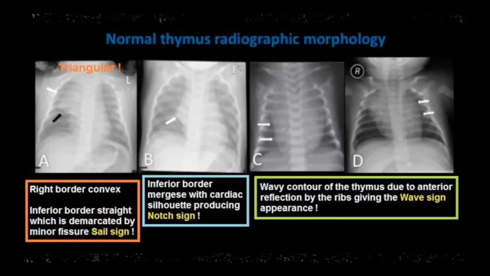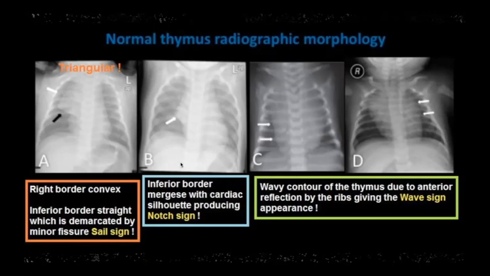On your extreme left, it's a triangular appearance. So the giveaway point is, I want to see that the shape is triangular. That's one. Number two, the border is very sharp, with a straight inferior border and straight lateral border.